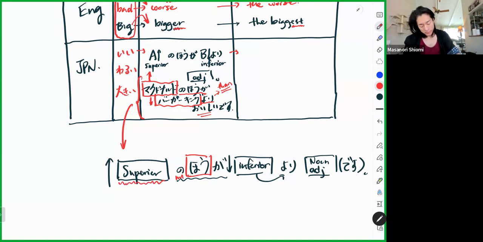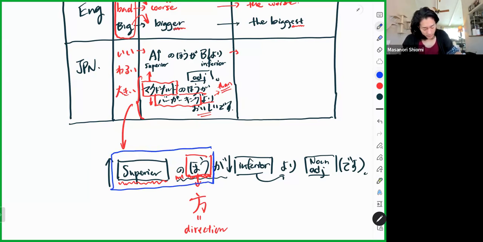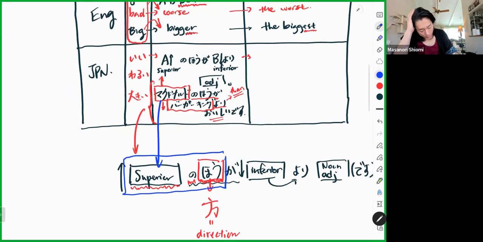So whatever that's superior, it's a noun, combine with this noun, 方. 方 in kanji, it's this, 方. This means direction. So literal meaning of, for example, McDonald's の方, right? Let's put McDonald's again here. Would mean the direction of McDonald's.